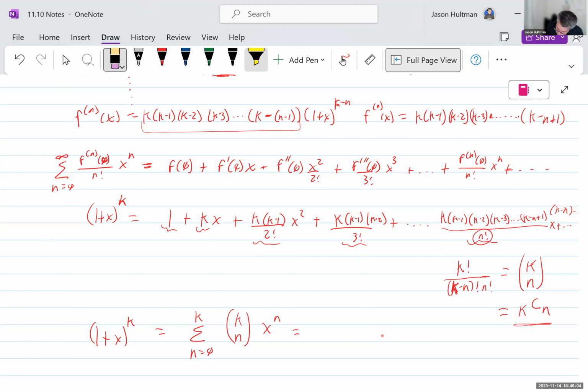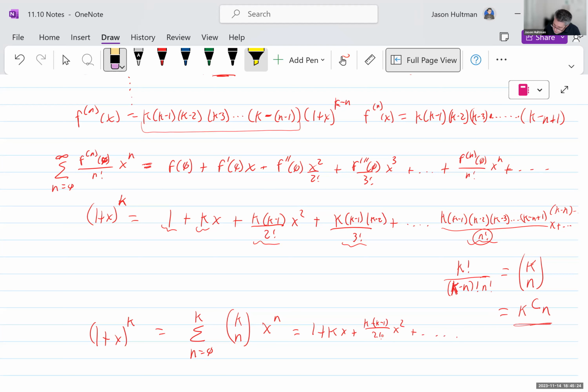That's just equal to what we have here: 1 plus k x plus k times k minus 1 all over 2 factorial x squared plus, and this just goes on forever.